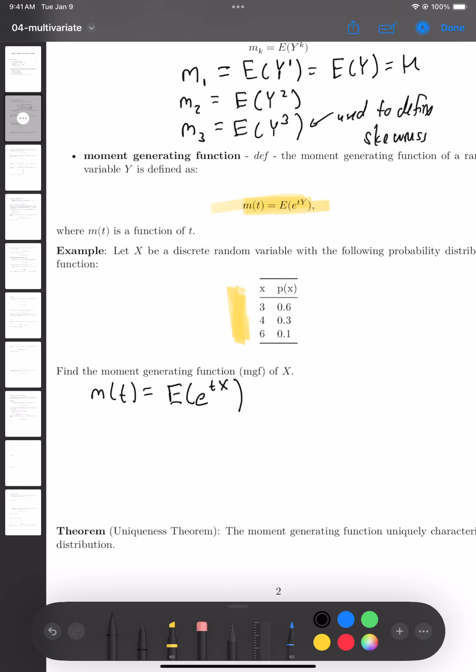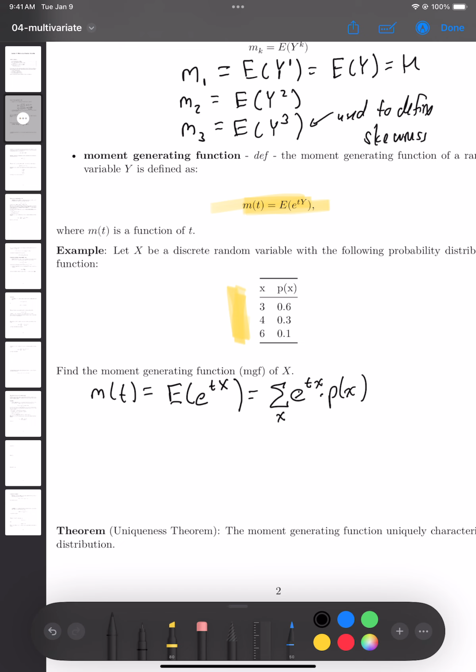It's been a little while since we've worked with discrete probability distributions, but remember, to find this expectation, we're summing over all values of x. This is the expectation of a function of x, so I'm going to put that part in first, and then we're multiplying that by each value of x's associated probability.